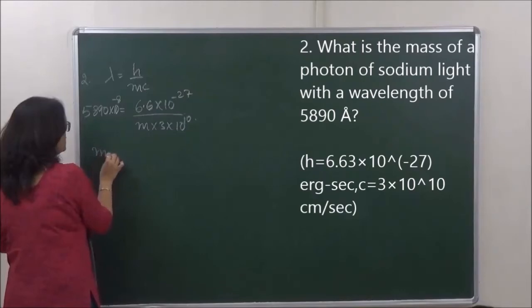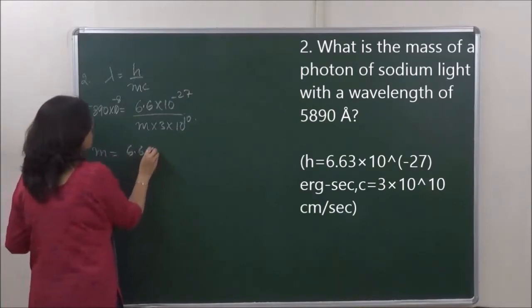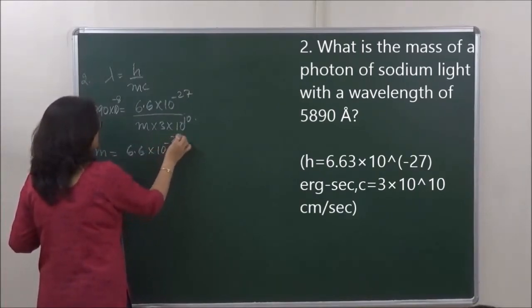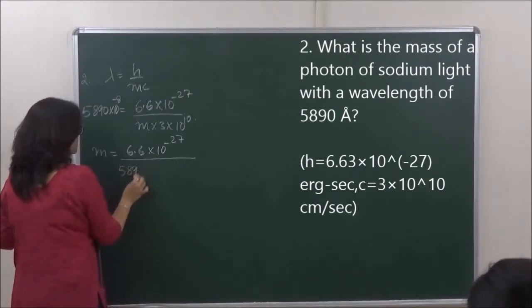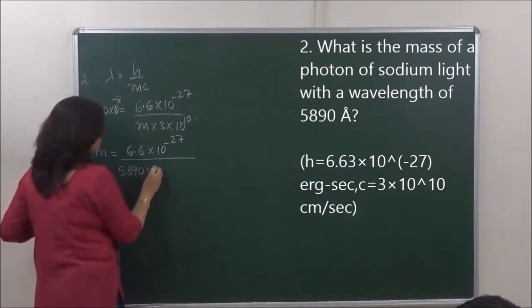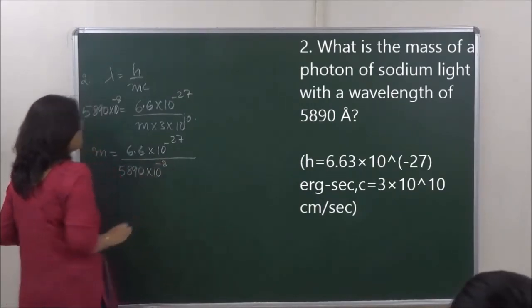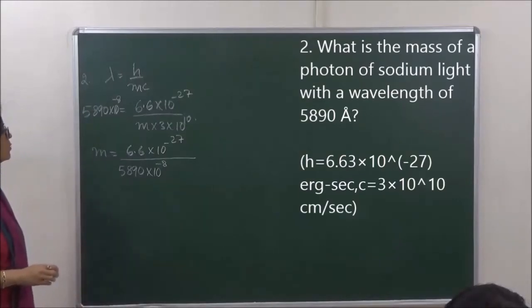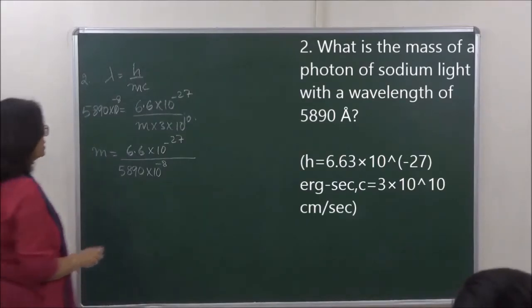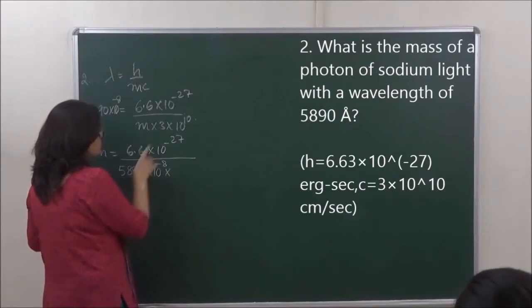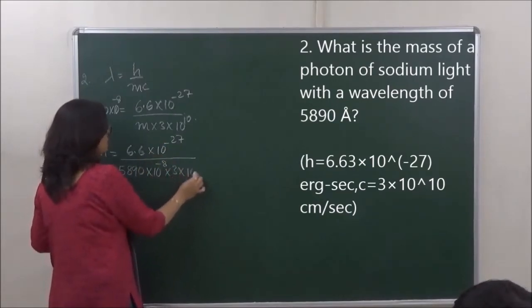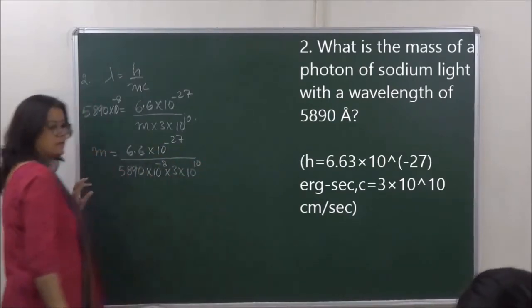So m will become equal to 6.6 into 10 raised to power minus 27 upon 5890 into 10 raised to power minus 8 into 3 into 10 raised to power 10.